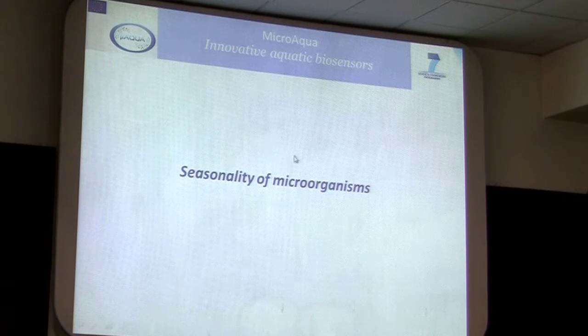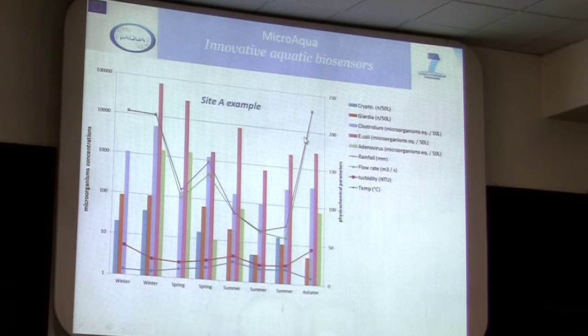Now let's talk about the seasonality of microorganisms, which represents the higher occurrence according to the season. The seasonality was treated only through site A, which is the most contaminated, but results and conclusions remain almost the same for the two other sites.